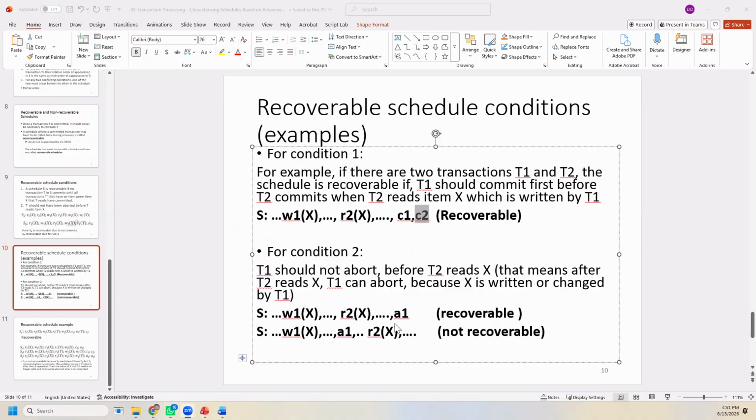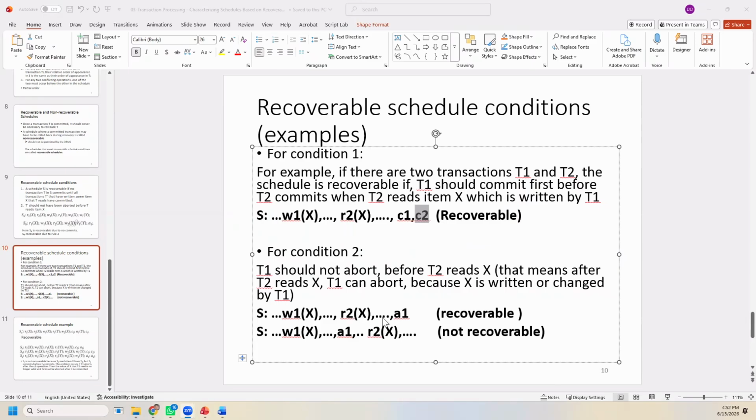Then here A1, abort, can be run at last, right? So that means still when T2 is reading this item X, T1 is not aborted. No?